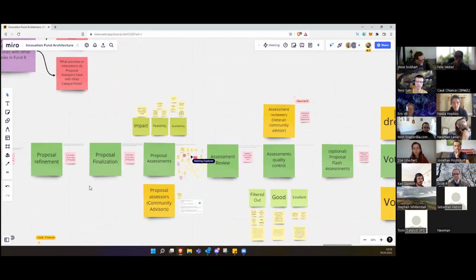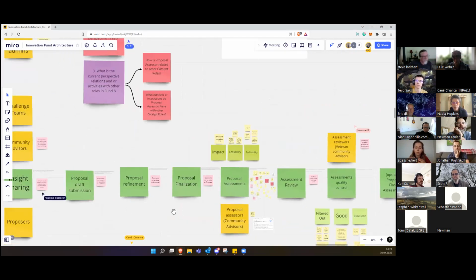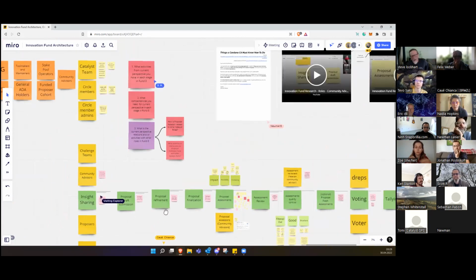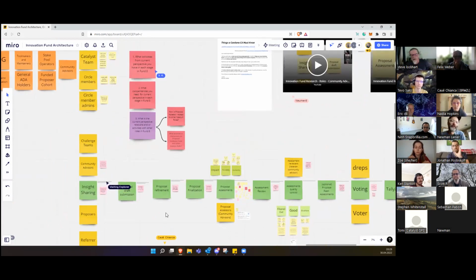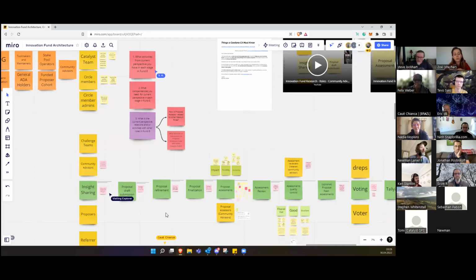Yeah, so I kind of get what you're saying, Tivo. I don't want to beat a dead horse, because I feel like I've talked about this, but I think that if we're going to really call them proposal advisors, then they have to be integrated with the challenge teams, and they have to be part of that process at the very beginning of the funding round, right?